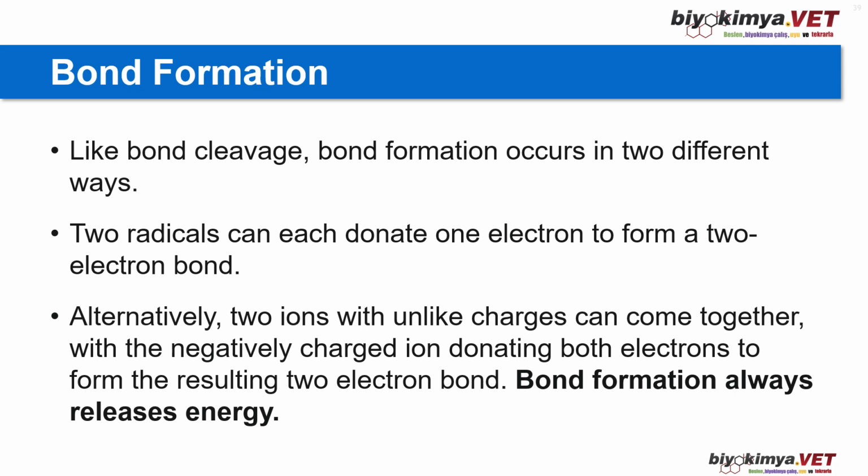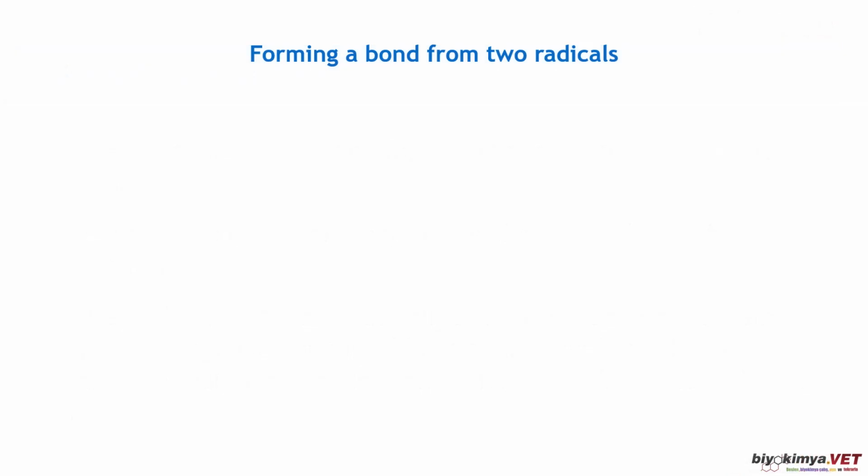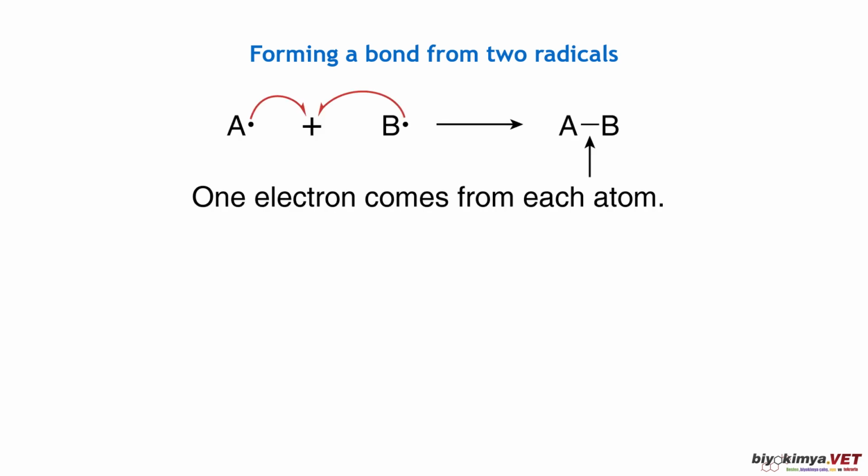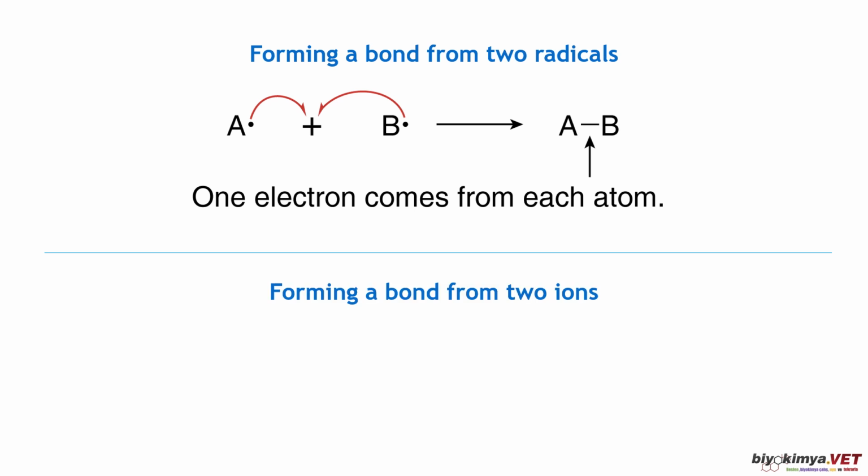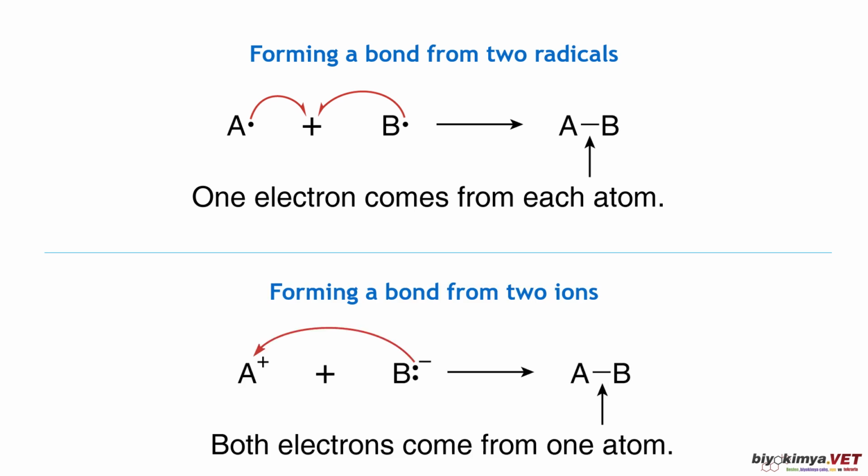Bond formation always releases energy. Here you see forming a bond from two radicals, where one electron comes from each atom, and forming a bond from two ions, where both electrons come from one atom. With this slide, we've finished the organic reactions title.